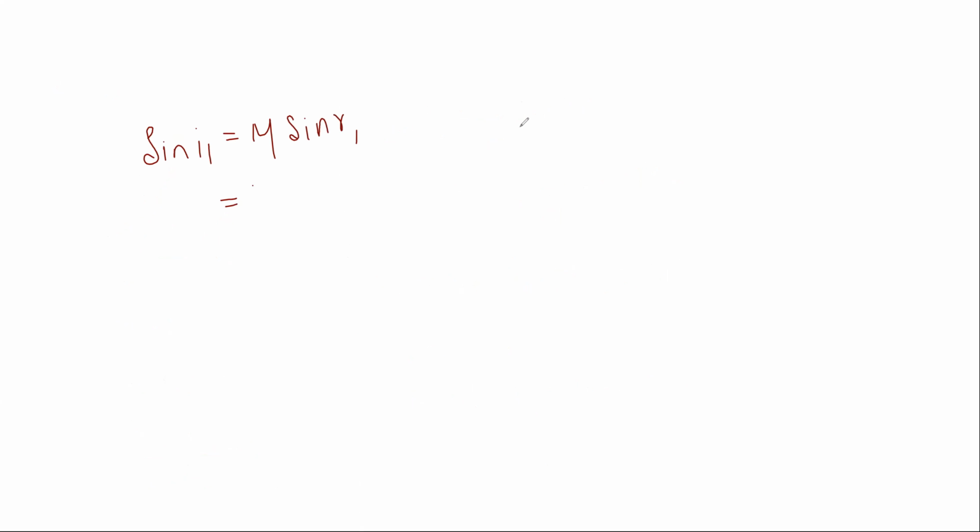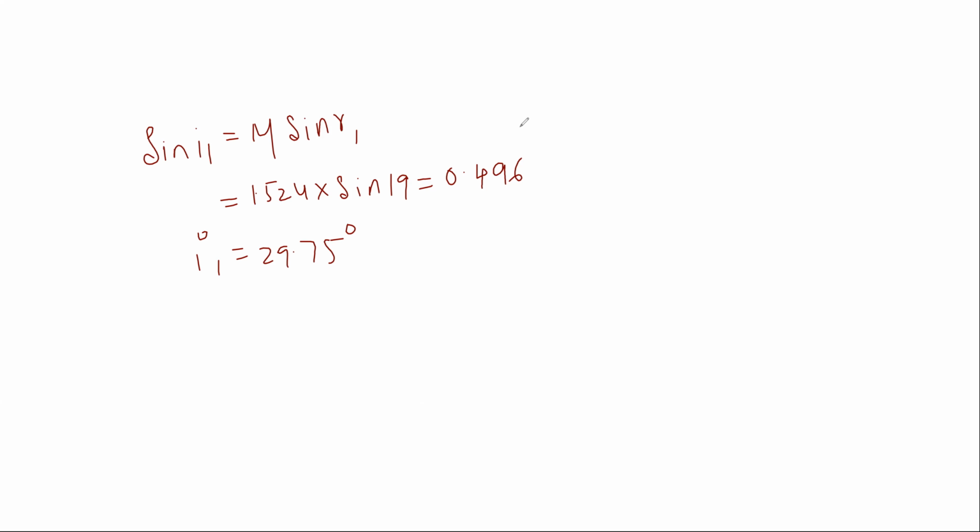So mu value is 1.524 into sin R1, and after simplification we are getting 0.496. Therefore I1 is equal to 29.75 degrees. Hence the angle of incidence we are getting is 29.75 degrees.